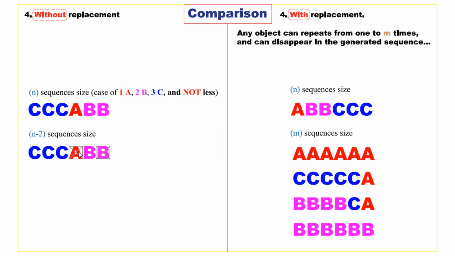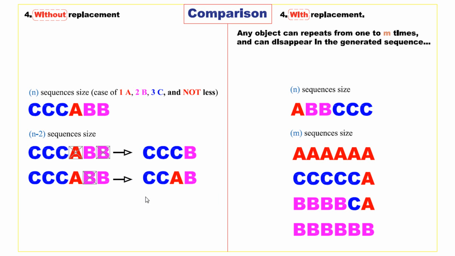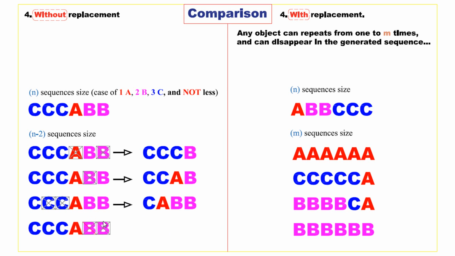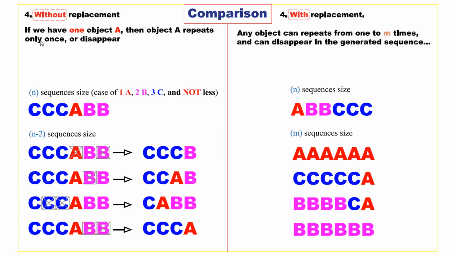So we may cancel A and B, and we get this sequence, or we may cancel B and C, and we generate this sequence, or we may cancel 2 C's, and we generate this sequence, or we may cancel 2 B's and generate this sequence. So what do we conclude from that? We conclude that if we have one object A, then object A repeats only once or disappears. So we can see here that A is repeating only once or disappearing from this sequence.